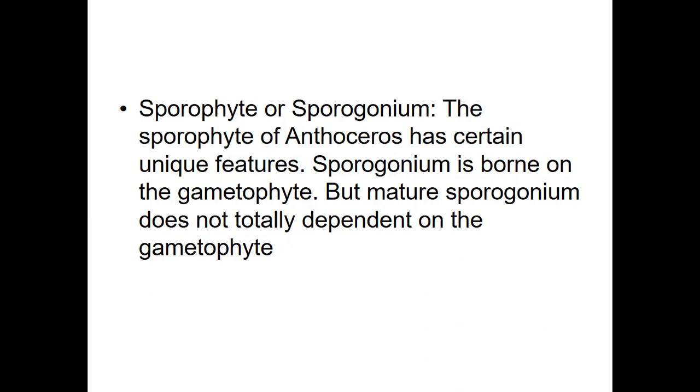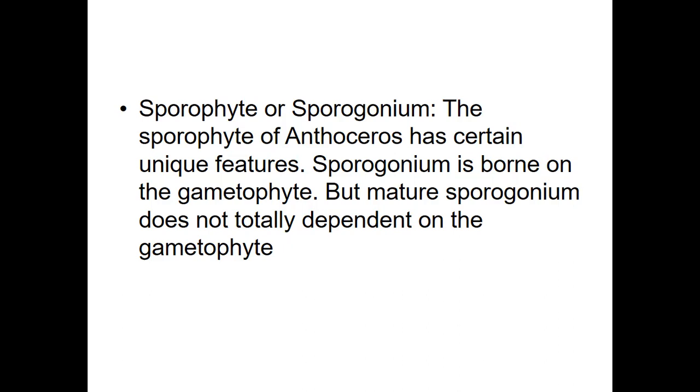This is also an important question from your exam point of view. The starting cell of the sporophytic generation is the zygote. The starting cell of the gametophytic generation is the spore.